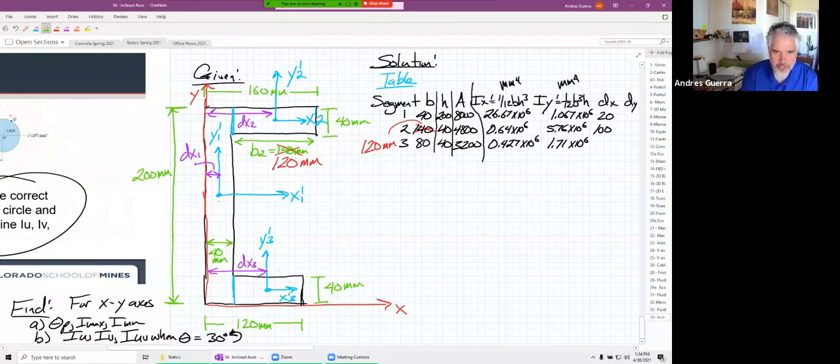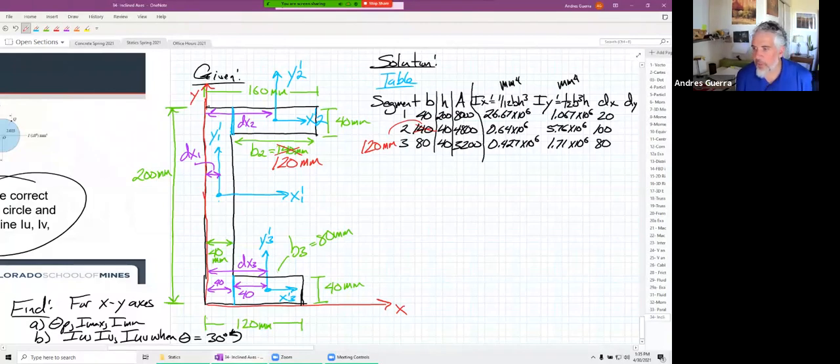What is b for segment 3? B3 is 80 millimeters. So wouldn't it be this 40 here? Let me do it in purple. So we go 40 is that distance, and then this distance right here would be 40 as well. So that one is 80.